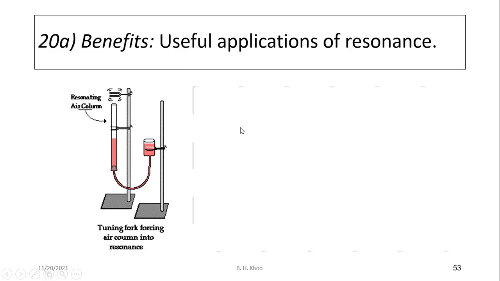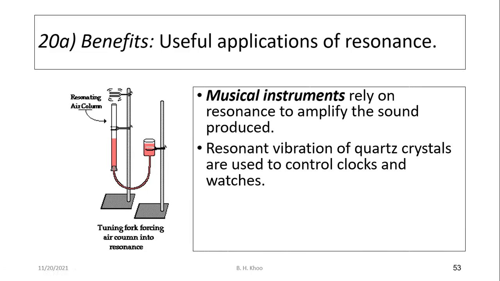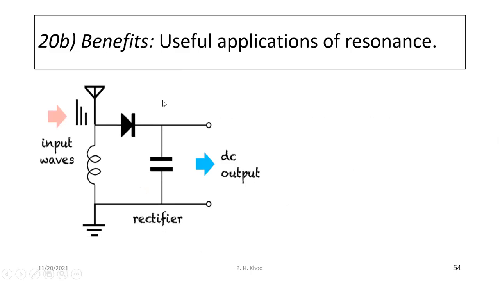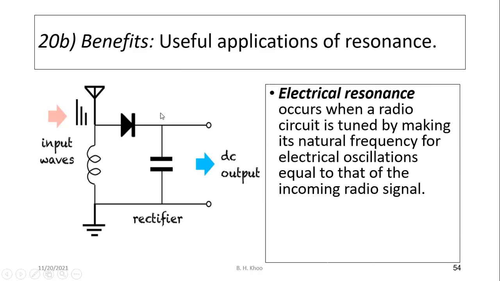That's the benefit in musical instruments, which rely on resonance to amplify the sound produced. In clocks, the vibration of a quartz crystal is used to control clocks and watches. Radio circuits also use resonance. This is a diode, this is a resonance circuit, your coil or inductor, and that's your capacitor. This is a simple circuit to receive radio waves.